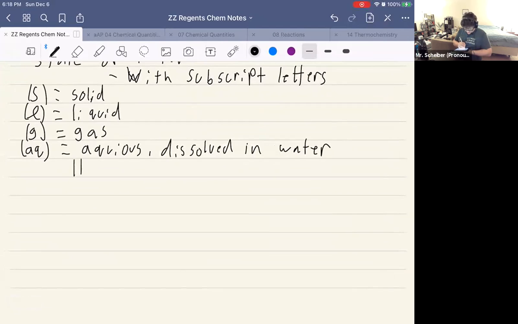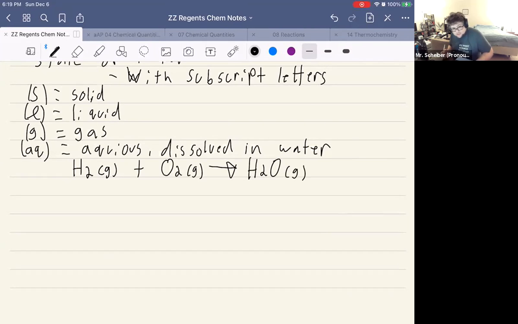So let's go back to the equation to make water. We would have H2 gas plus O2 gas yielding H2O gas. Now, there's something that many of you are probably pointing out and yelling at the screen that we have to remember.